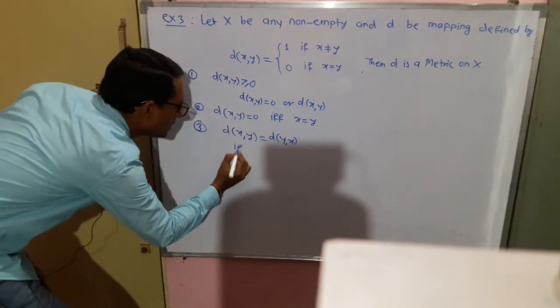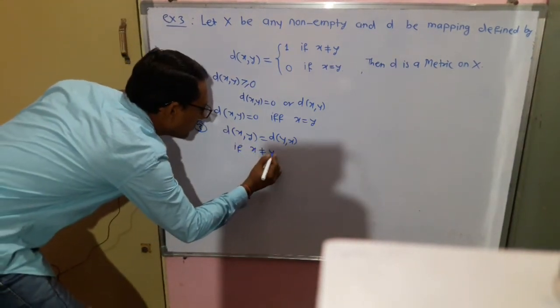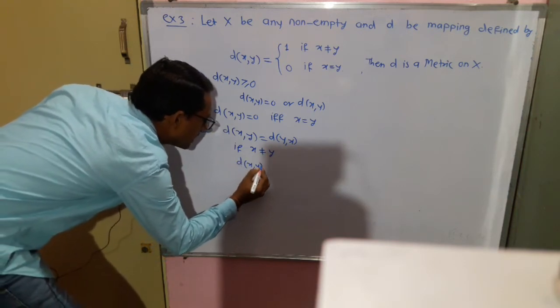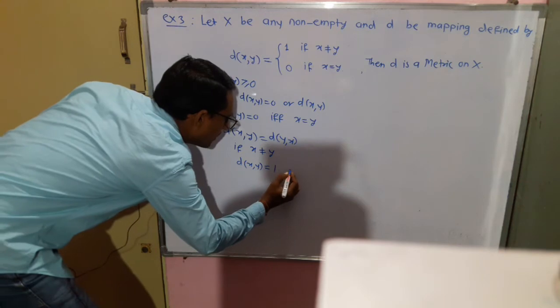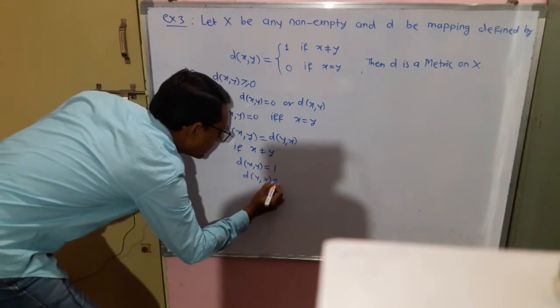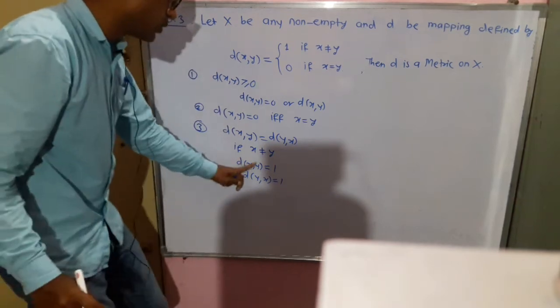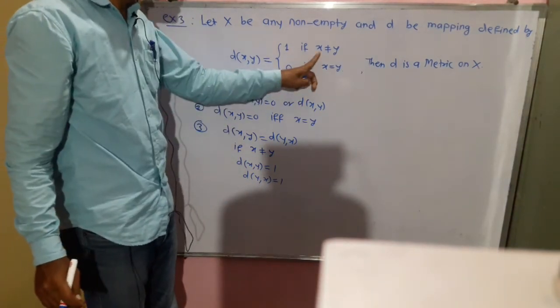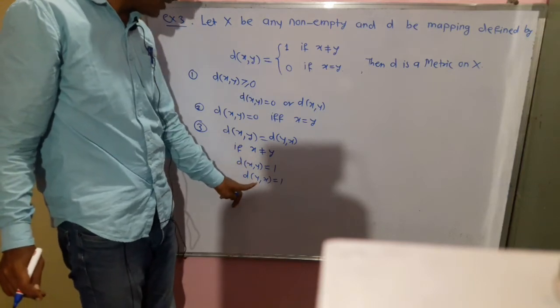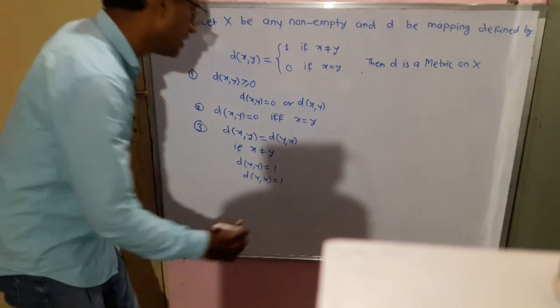If x is not equal to y, what happens? The distance between x and y is equal to 1, and the distance between y and x is also 1. Both are equal, because by the definition, if these are distinct it gives 1.